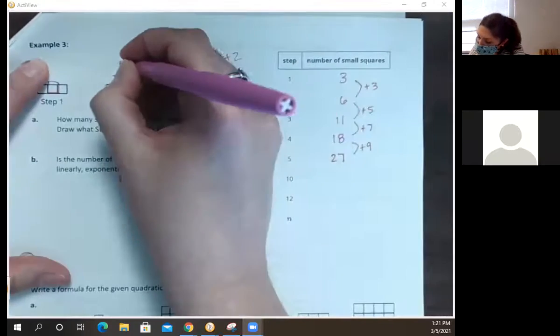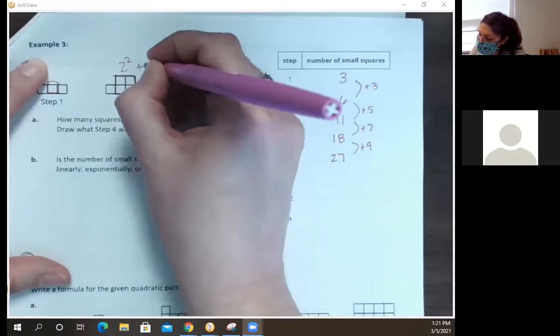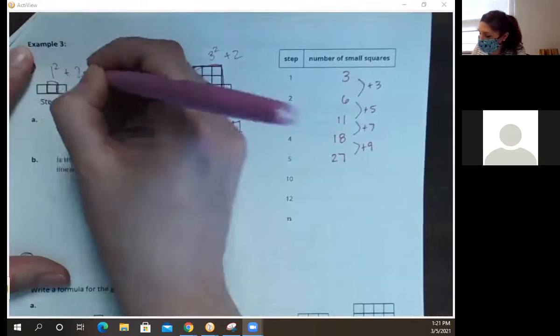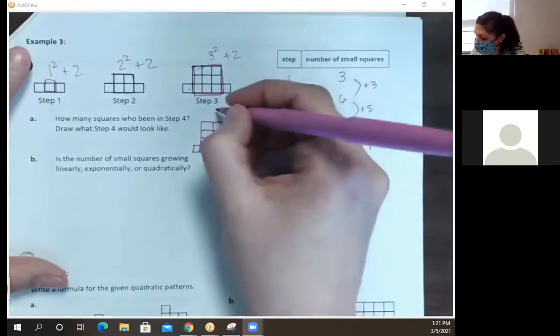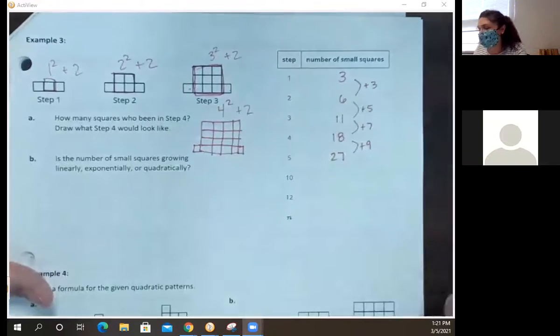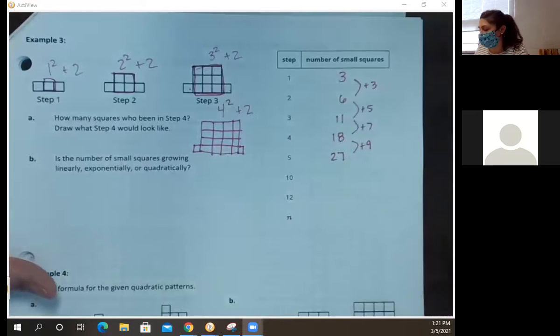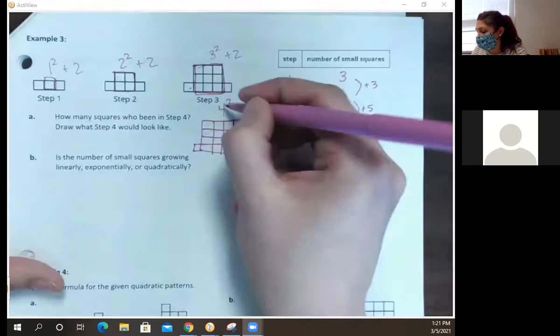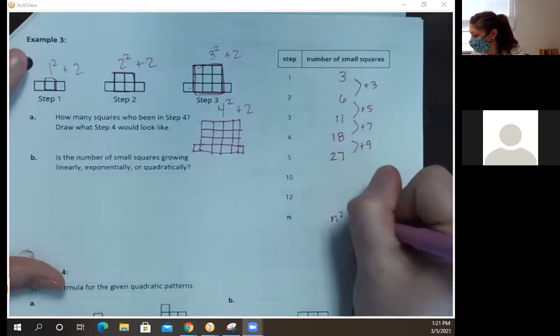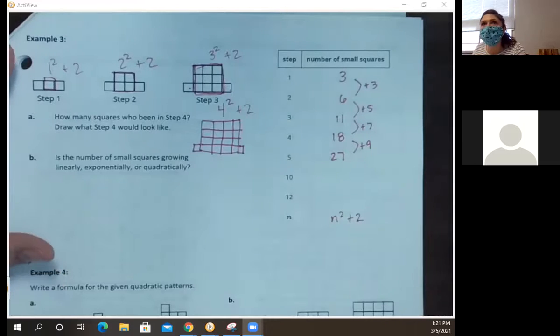Here I've got 2 squared plus 2. Here I've got 1 squared plus 2. Our 4 was 4 squared, right? 4 by 4 plus 2. So if I wanted a formula for this, whatever step I'm on, square it and add 2. So n squared plus 2.